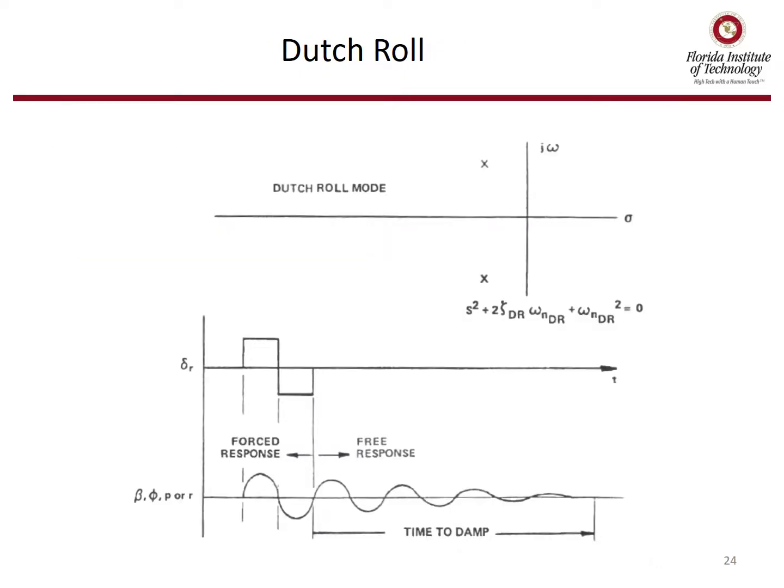Again, on the S-plane, the Dutch roll is a second-order complex pair, so it has a real part and imaginary part, and it's typically initiated in flight with a rudder doublet.